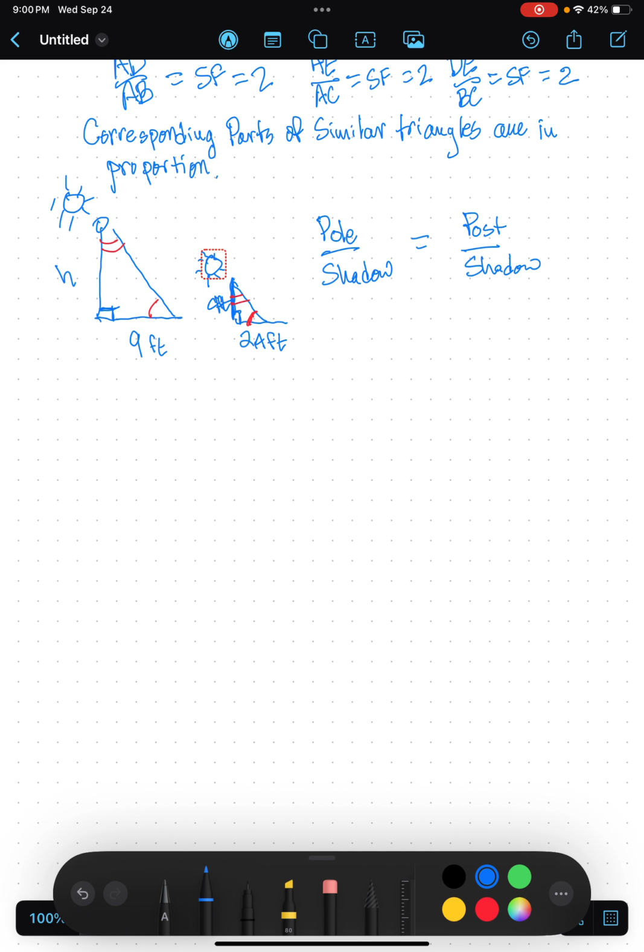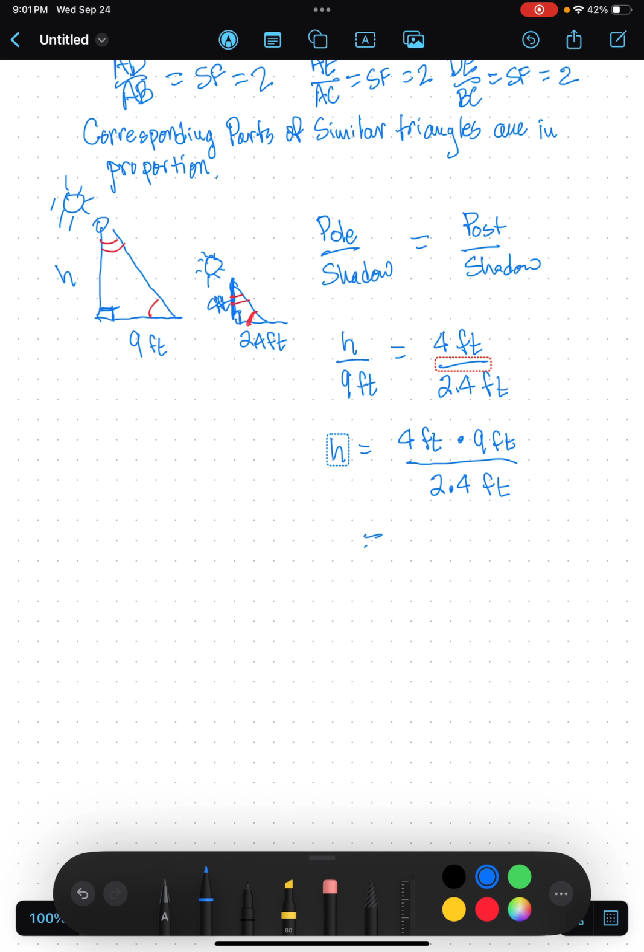So what we would now have is H over 9 feet equals 4 feet over 2.4 feet. So H is equal to 4 feet times 9 feet over 2.4 feet.